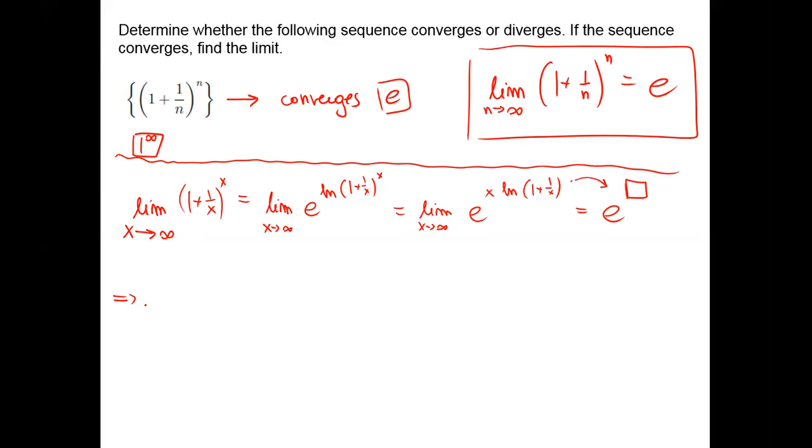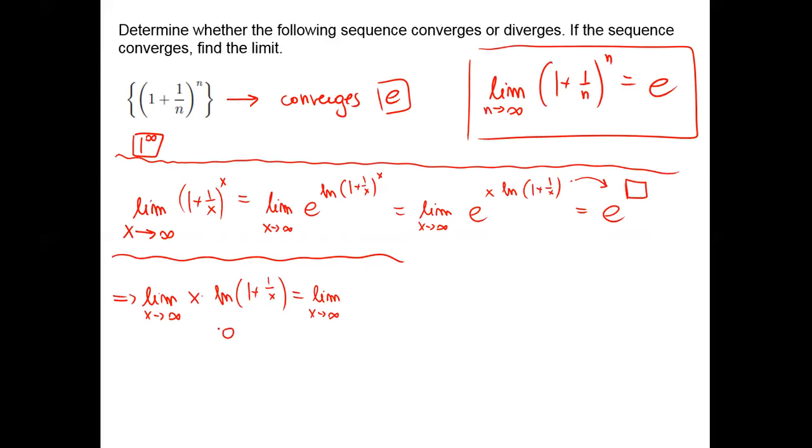Let's solve the limit at infinity only on that exponent, x ln of 1 plus 1 over x. Okay. Let's rewrite this limit. What we have is 1 over big number, tiny, smaller, 0. ln of 1 is also 0.